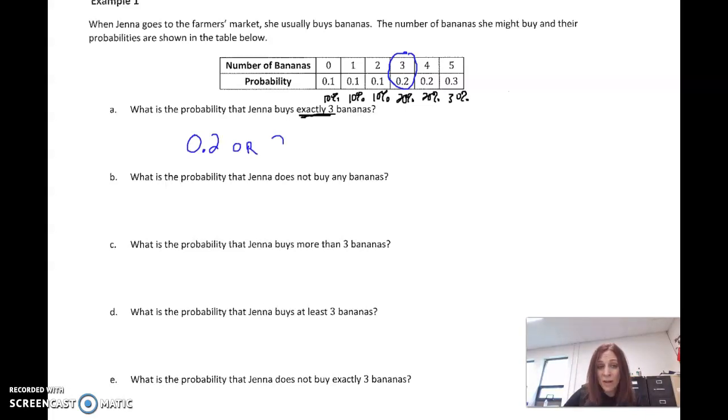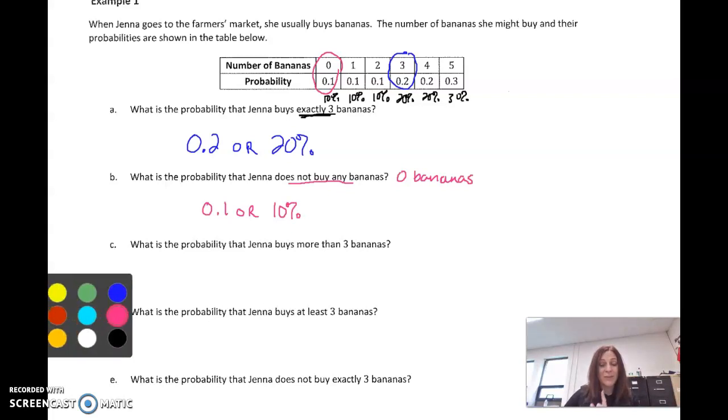Or if your comfort level is percents, 20% is fine. What is the probability that she does not buy any bananas, or 0 bananas? Well, that's right here. I'm writing both 1/10 and 10%, but you don't have to write them both. You just need one or the other.